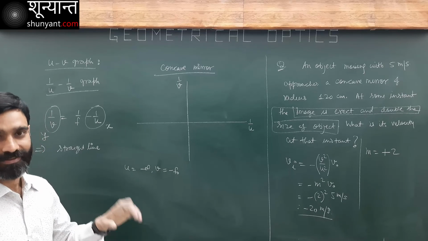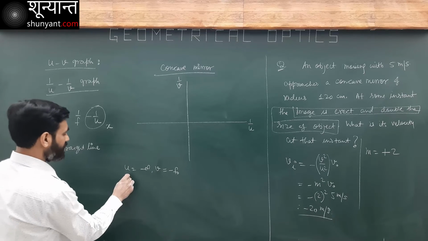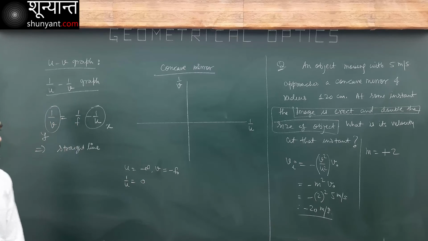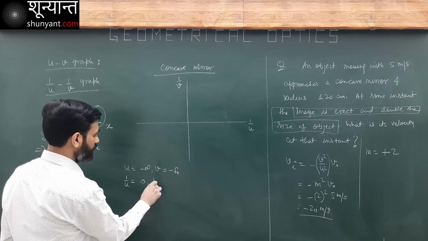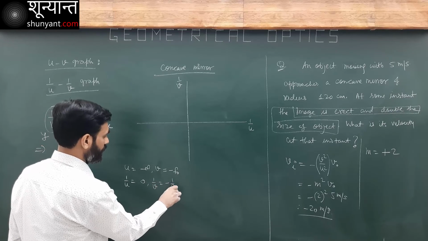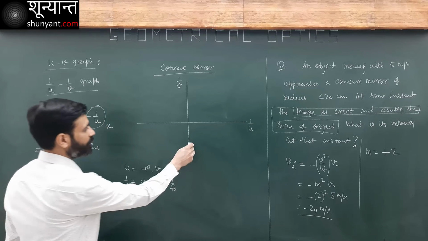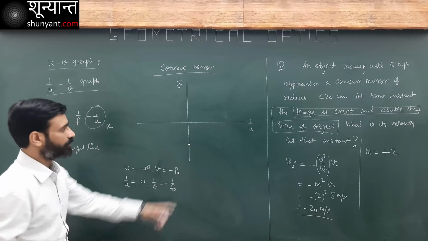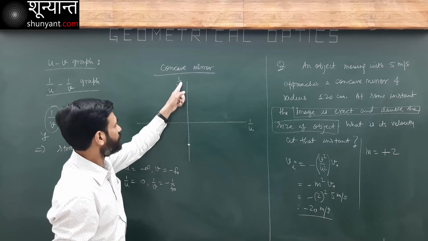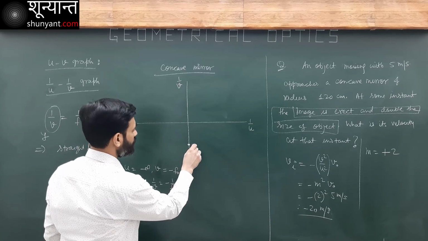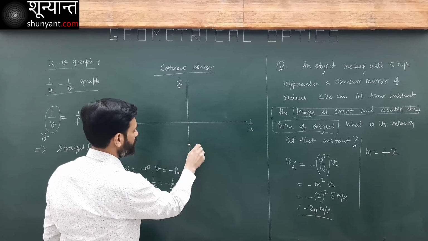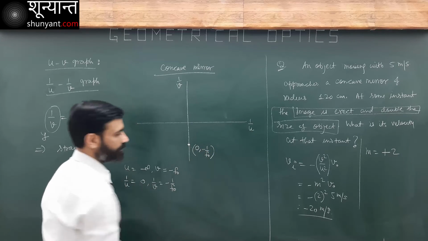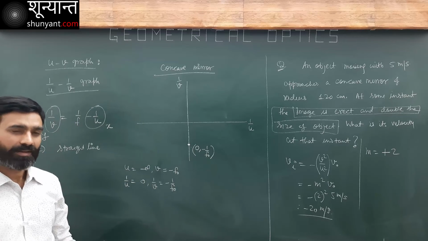That means 1 by u is equal to 0, and 1 by v is minus 1 over f naught. I'm going to get a point here: 0, minus 1 over f naught. That is 1 point. And then let's reverse it.